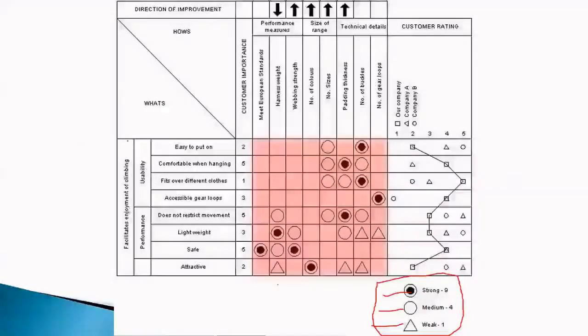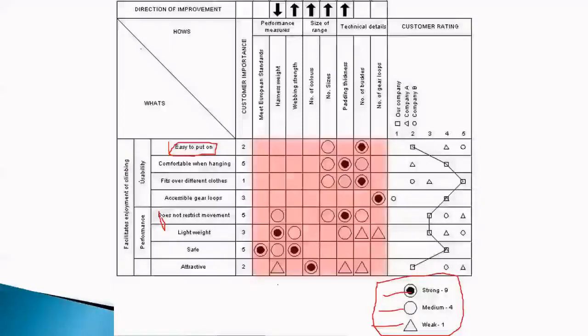Right? By using that, you can see that it has a fill here. Easy to use, to provide that customer's requirement, there's a relationship here. It has a relationship with two attributes. Easy to put on: number of sizes, then it has a medium, moderate relationship with the number of bubbles.